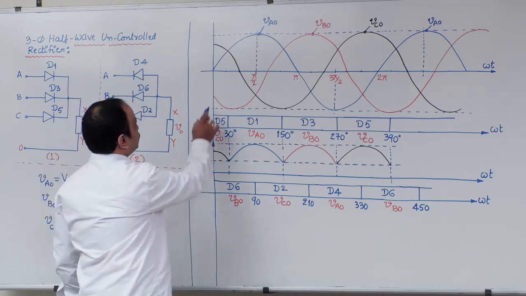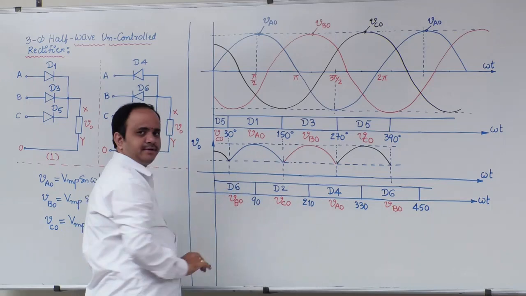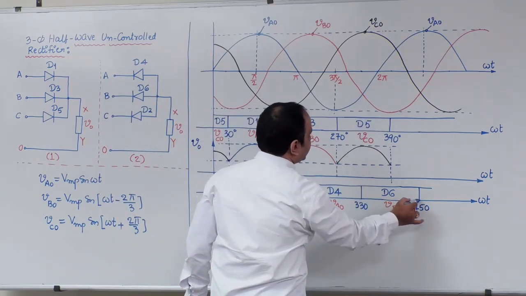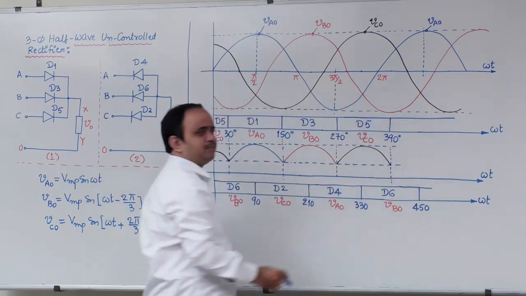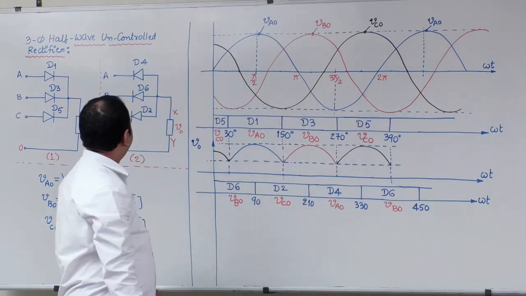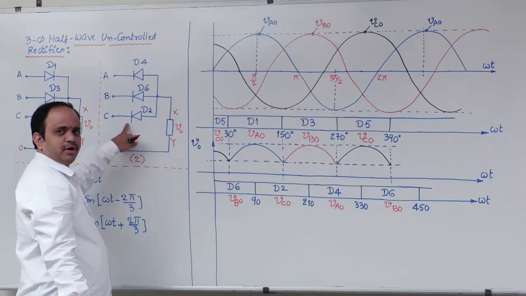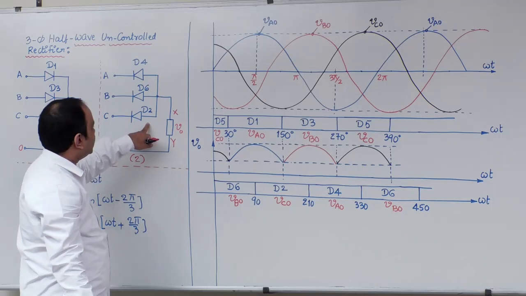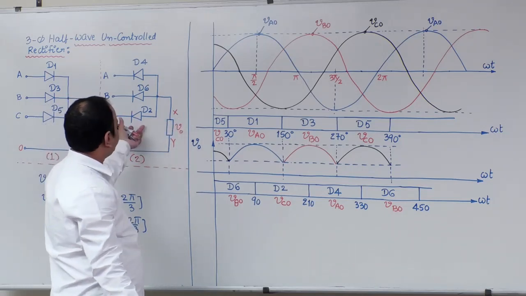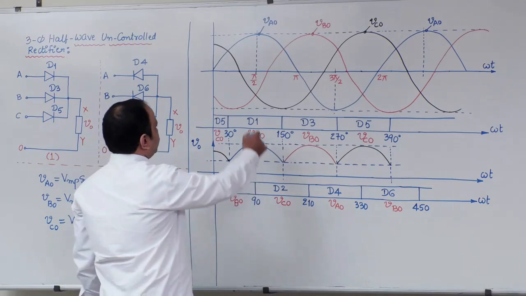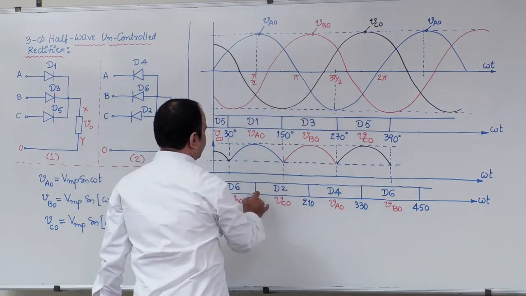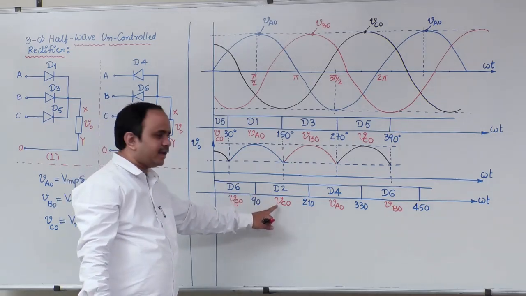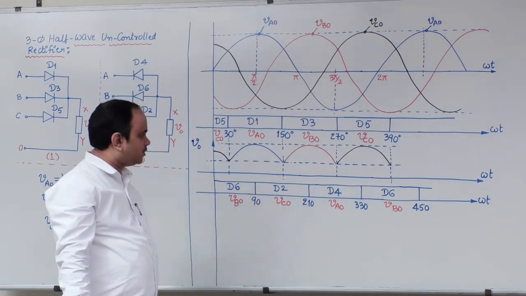VBO is more negative from 0 to 90 degrees and from 330 to 450 degrees. D2 will forward bias when phase C is more negative. Under that condition, V0 is equal to VCO. Phase C is more negative from 90 to 210, and in that interval D2 will be in conduction and hence the output voltage is VCO.